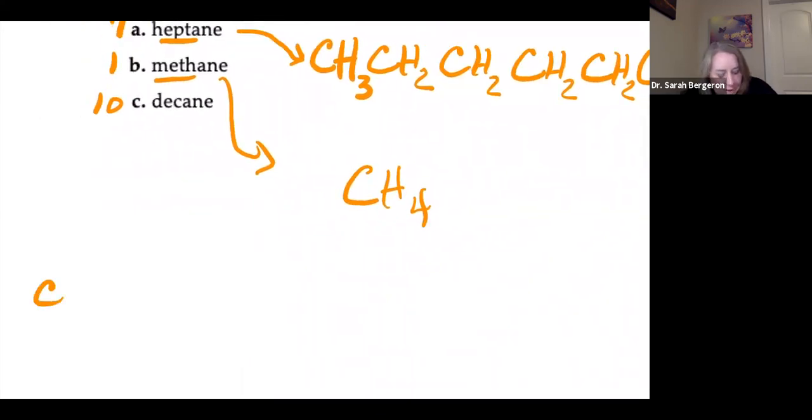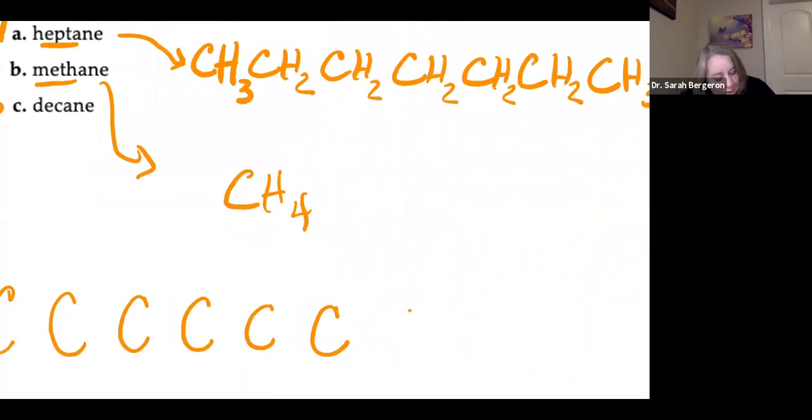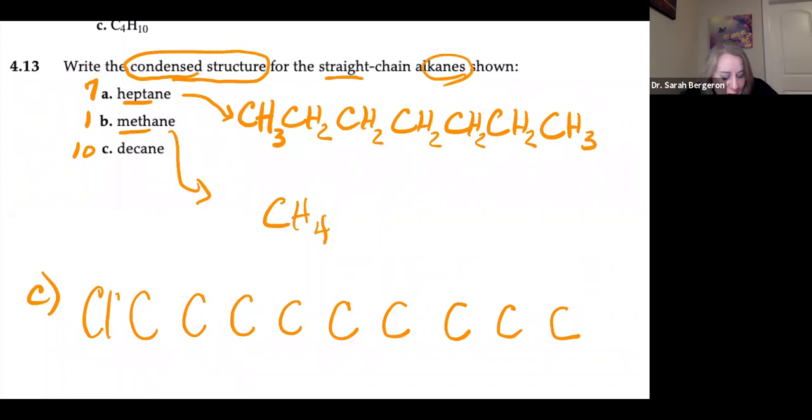Okay, decane. Decane is 10. Ooh, here we go. 1, 2, 3, 4, 5, 6, 7, 8, 9, 10. So whenever you do this, a really easy thing to know, only for straight chain alkanes, you just look at the carbons on the ends.